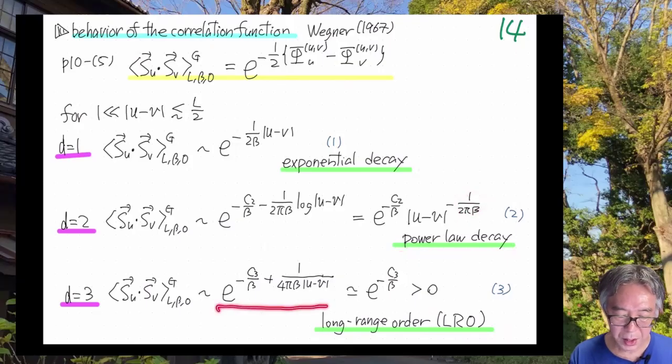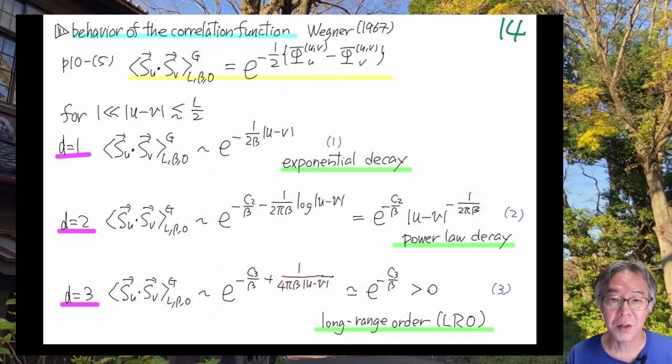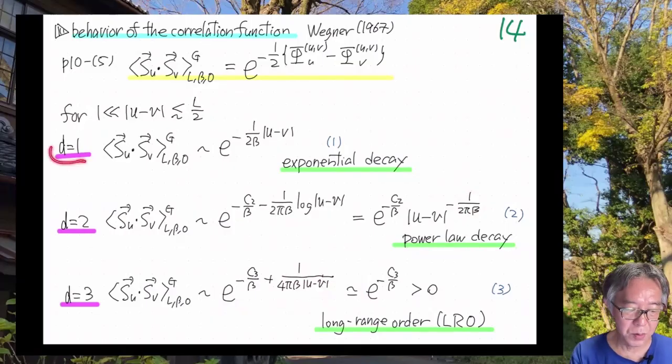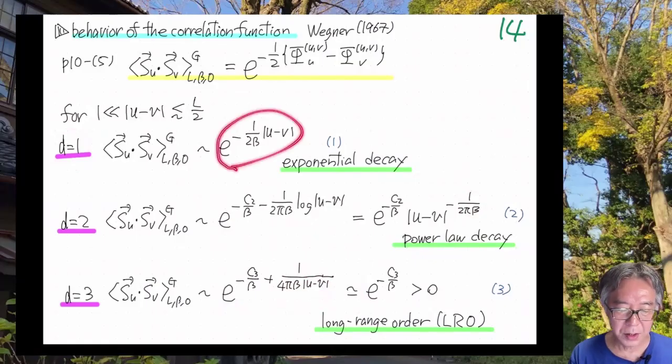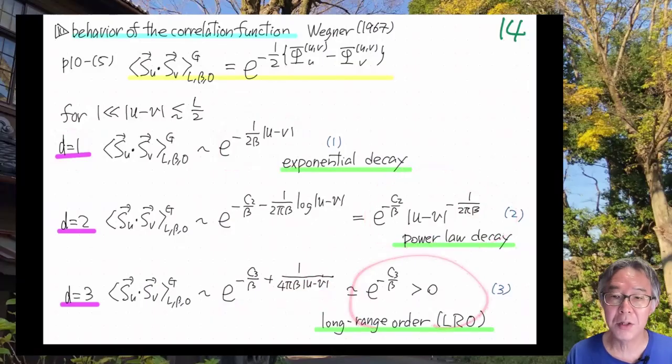You get this, and if you let this be large, this basically vanishes and it converges to this finite, non-zero value. So this means that in one dimension, the Gaussian approximation leads to exponential decay. In 2 dimensions, we get power law decay. And in 3 dimensions, we get long-range order.